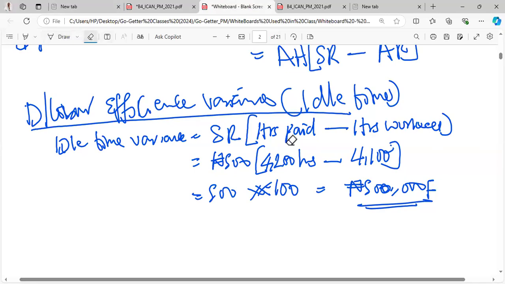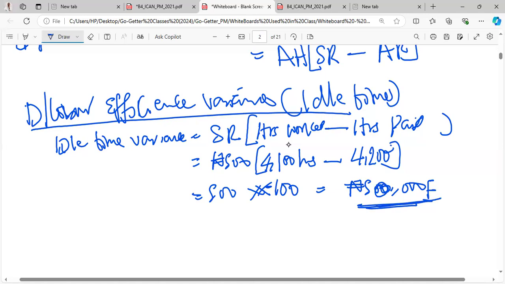Let me change the formula: hours worked minus hours paid. So they happen to work 4,100 and they are paid 4,200. And so it is a minus here, and it's 500.